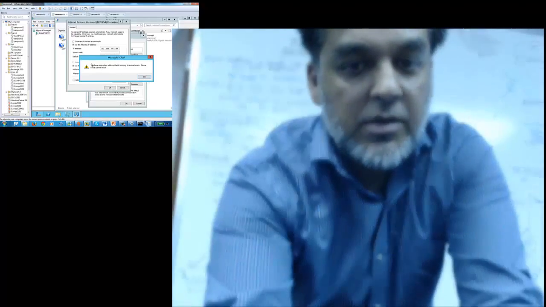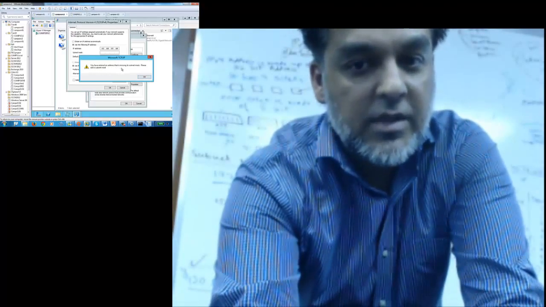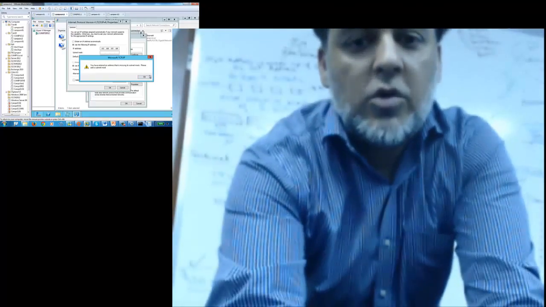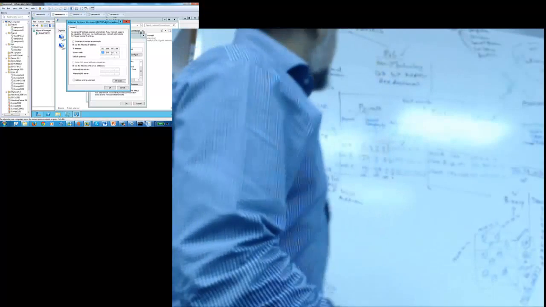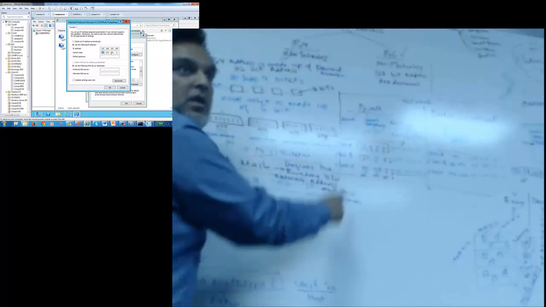Now let's see. Here it's saying you have entered an address that is missing a subnet mask. So please enter subnet. Here it automatically added a subnet mask for me. Why? Because it knows that 192 is a class C address.